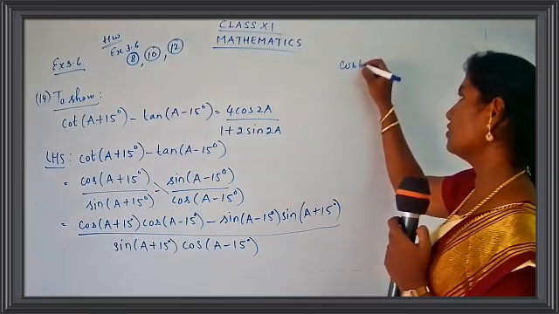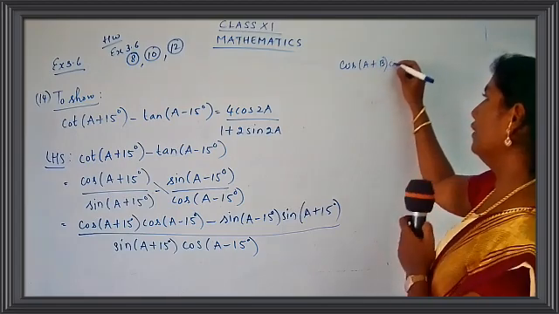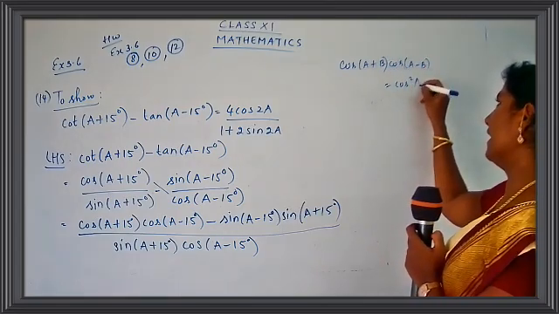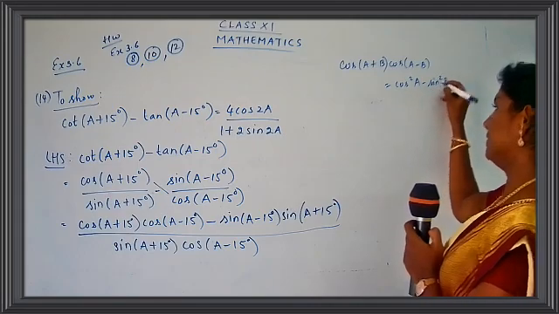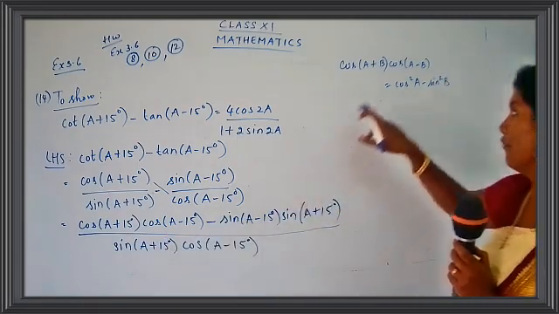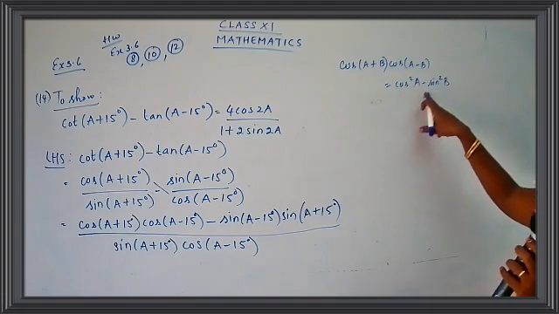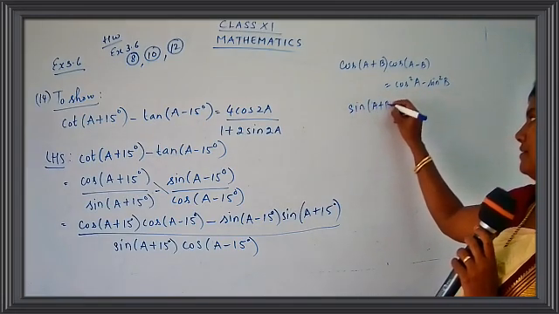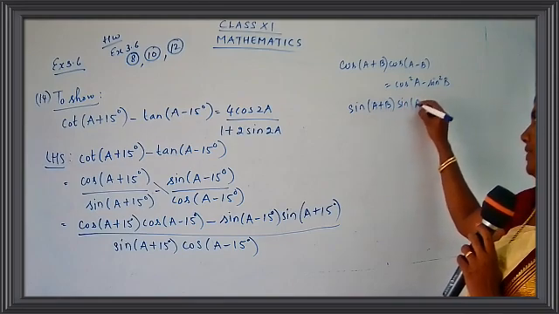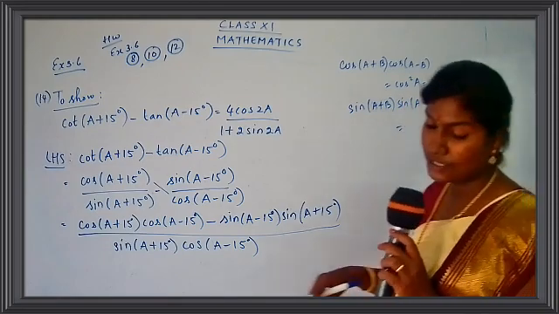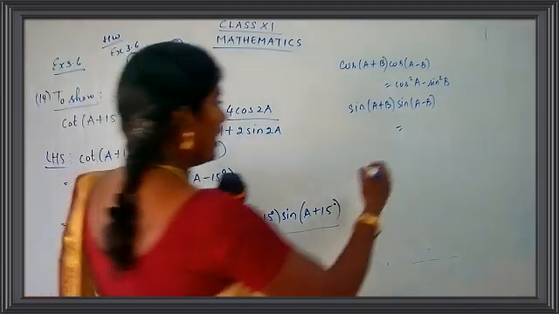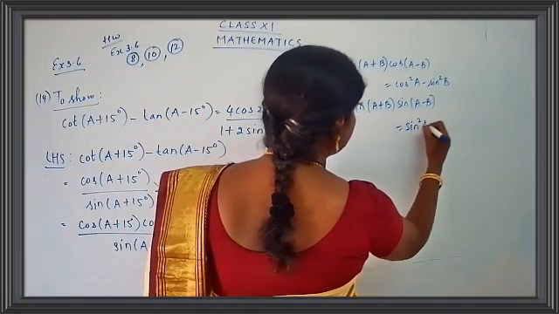Cos(A plus B) into cos(A minus B) will be taken as cos square A minus sine square B. So for the first part, you write down the formula cos square A minus sine square B. Then you have sin(A plus B) sin(A minus B). For this, you will take the formula as sine square A minus sine square B.